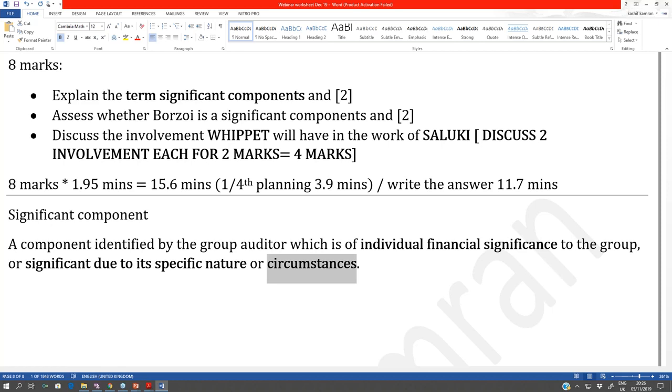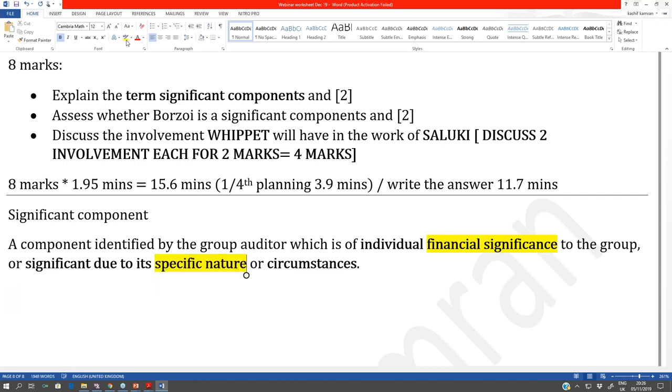There might be a problem in the subsidiary, circumstances. There might be a going concern problem in the subsidiary. So there might be a circumstance which makes the subsidiary important. So is a subsidiary only important on the basis of financial significance? No. It can even be important on the basis of its specific nature.